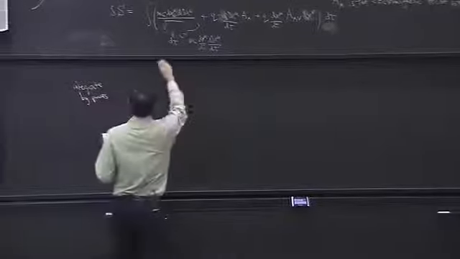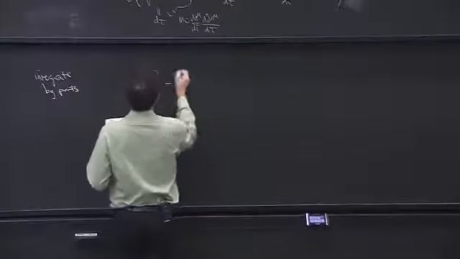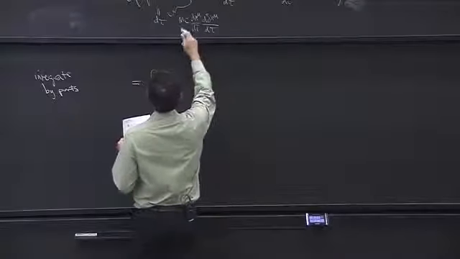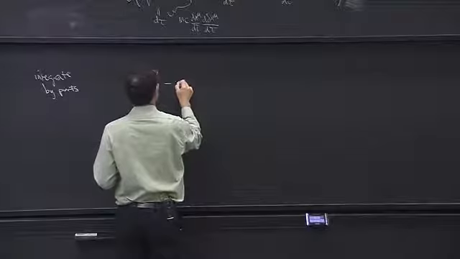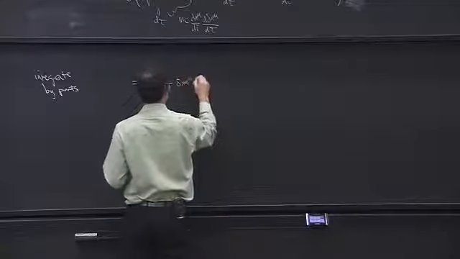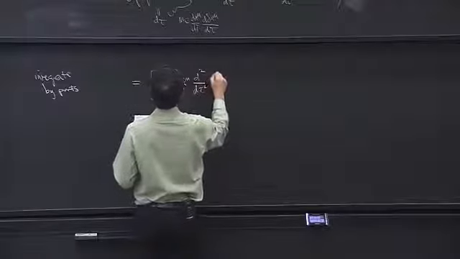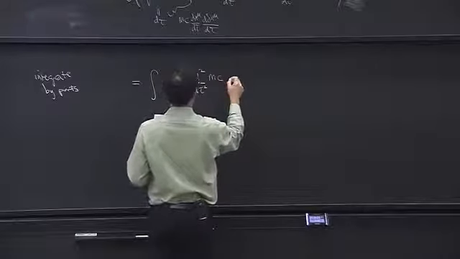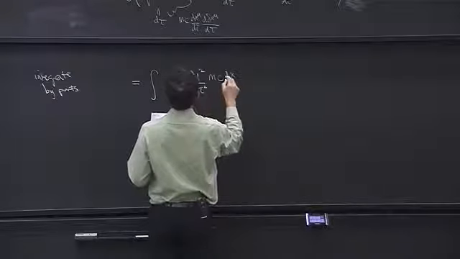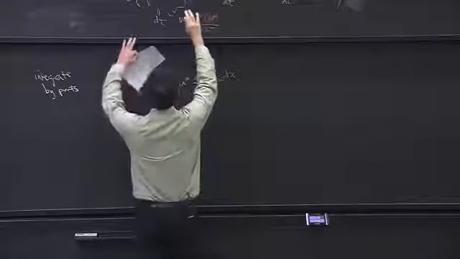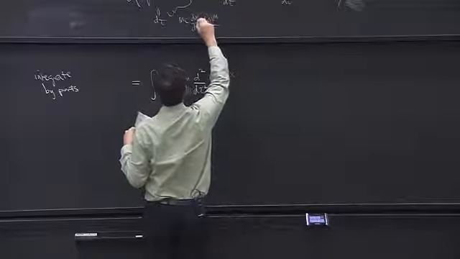And what I'm going to get is equal to integral minus, integrating this guy by parts, I get delta x mu times d2 by d tau squared, mc dx... well, I kind of put, one of these indices should be down. Let's put that one down.